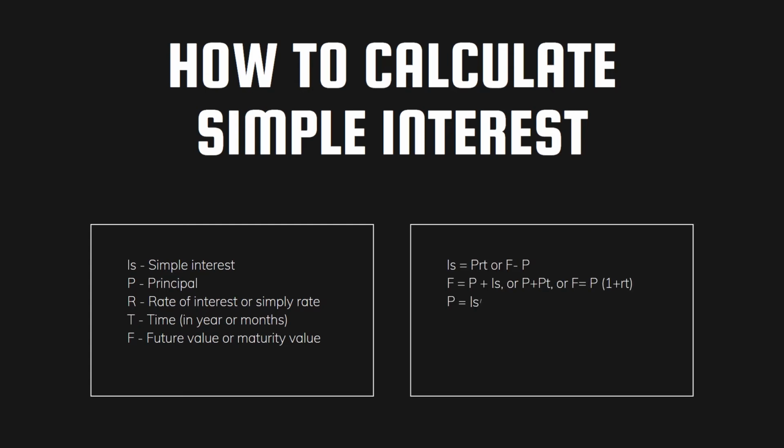IS equals PRT or F minus P. F equals P plus IS or P plus PRT or F equals P times 1 plus RT. P equals IS over RT or P equals F minus IS. T equals IS over PR. R equals IS over PT.